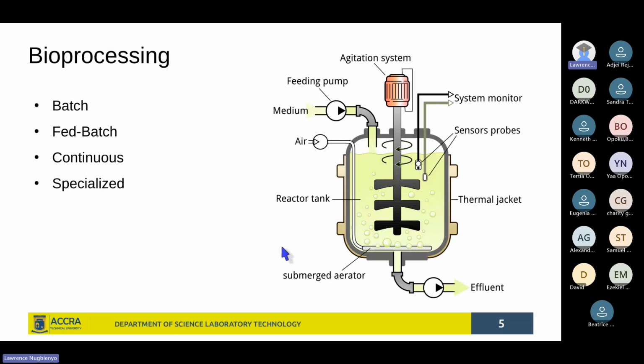You have bioprocessing in different forms of bioreactors, which we will look at. We will look at the different kinds of bioreactors, such as the batch system, where you load your raw materials and the system is closed and you just have to wait until the end.